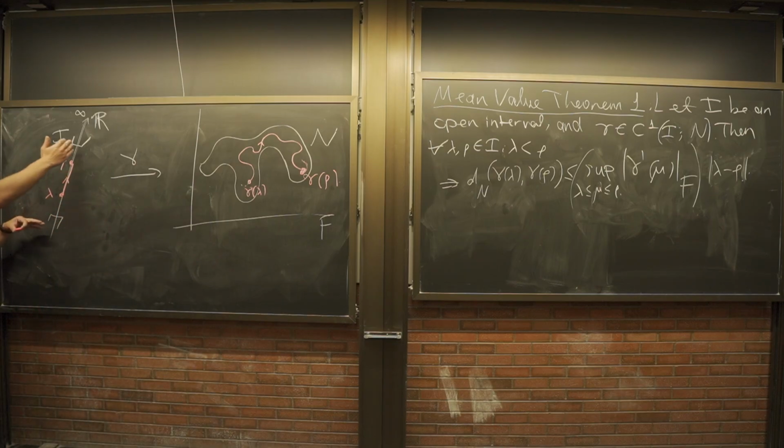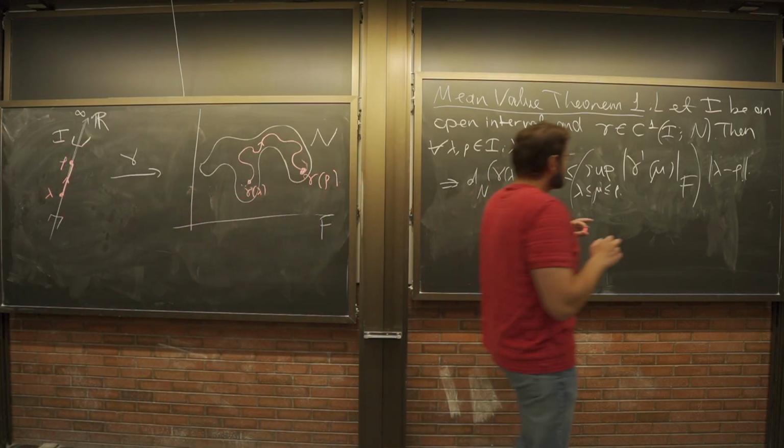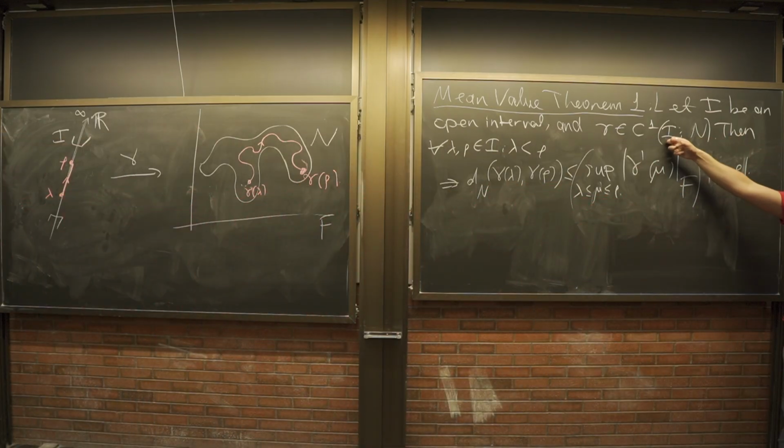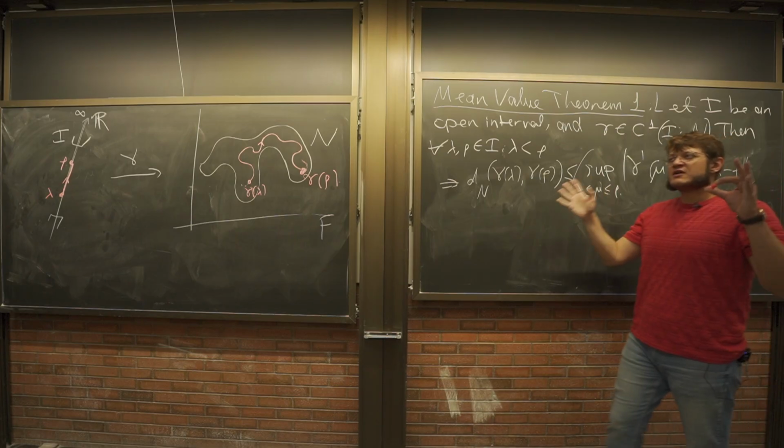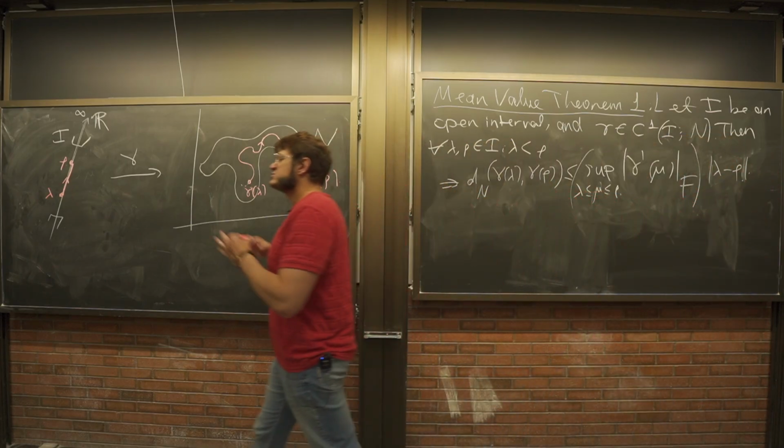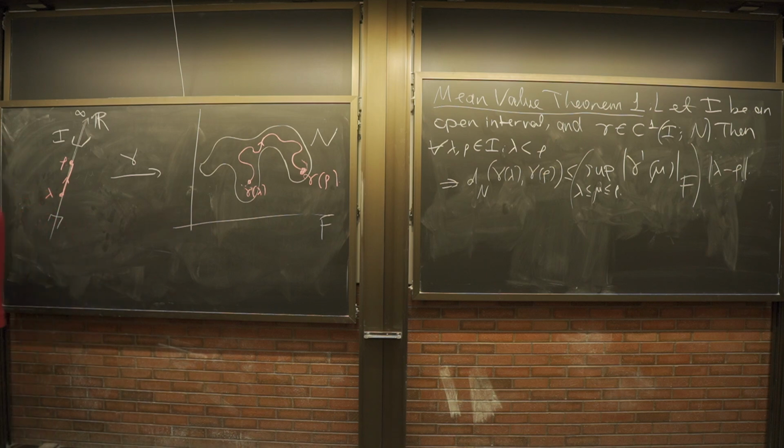That's why I'm choosing first an open interval, then looking at the image of a closed subinterval. Another thing is that when it comes to differential calculus, it's better to look at open subsets. We've always been using differentiable functions on opens, between opens. So that's also one of the reasons.